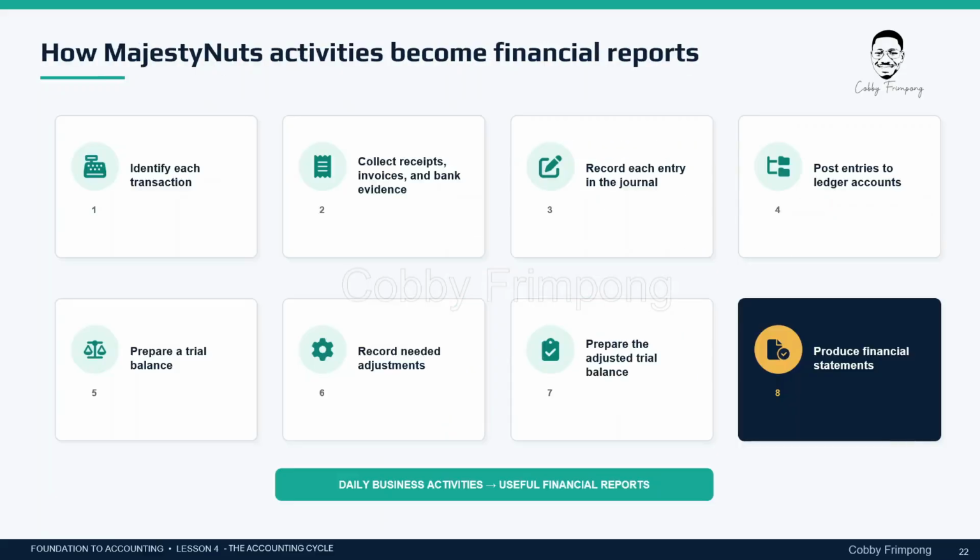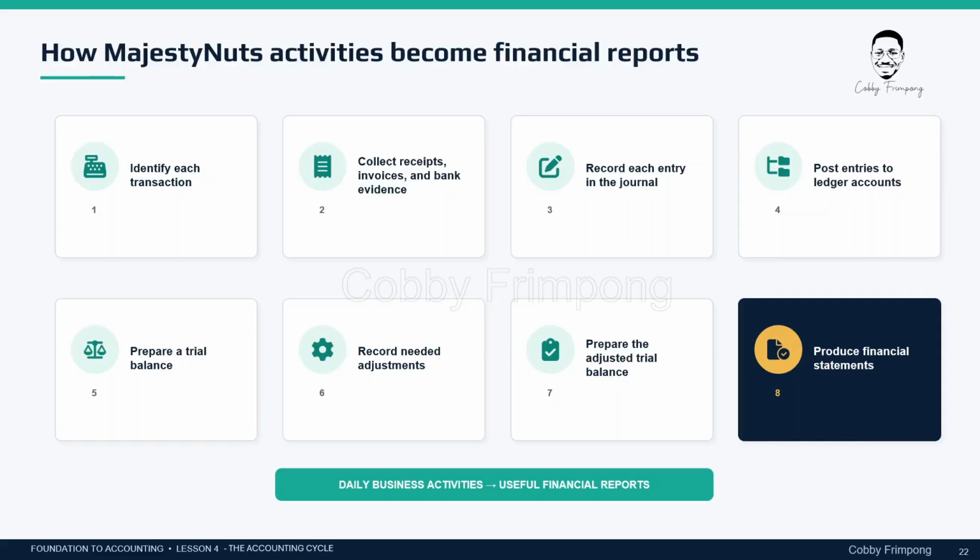How Majesty Nuts activities become financial reports. The accounting cycle helps answer the owner's questions. First, each transaction is identified. Then source documents such as receipts, invoices, and bank statements are collected. Then the transactions are recorded in the journal.